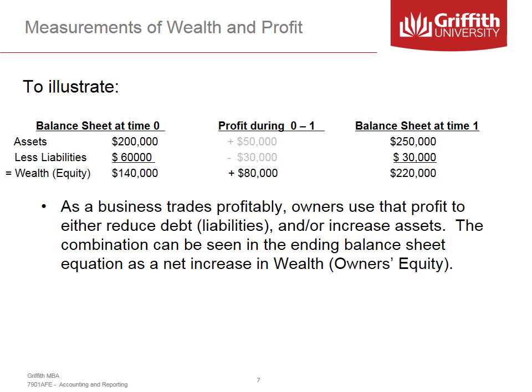If we haven't consumed it, we're going to have to see it somewhere in either the assets or the liabilities. And so what we see as we become more wealthy is that we may perhaps invest in more assets, or we may pay down some of the debt that we have, or what's more normal is we'll do some combination of both of those. So more assets, less debt, but taken together, meaning that we are more wealthy at the end of the period of time, which in this case spans 0 to 1.